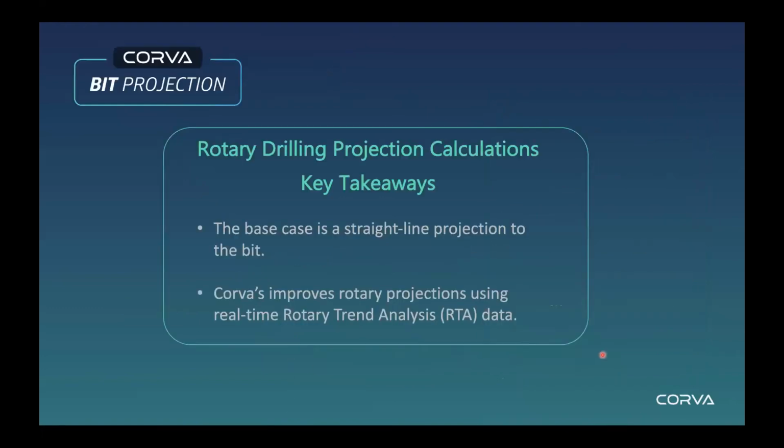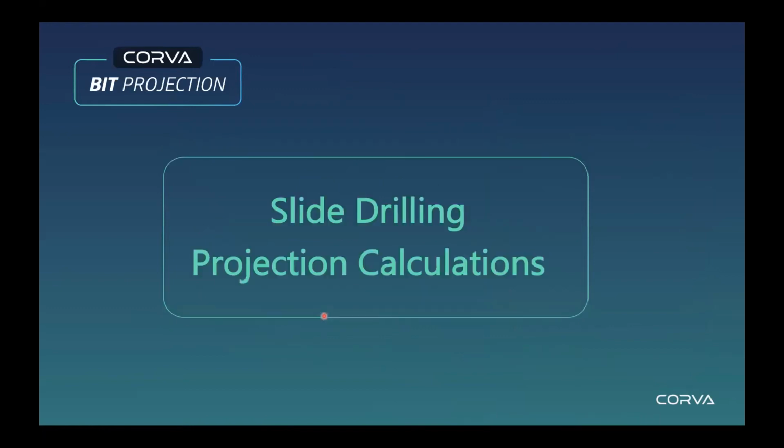Okay, so key takeaways for the rotary drilling projections: the base case is always straight line projection to the bit. Corva improves rotary projections using RTA app data, which gives us a better approximation of where the bit is. Okay, so now we'll go through the projection calculations.